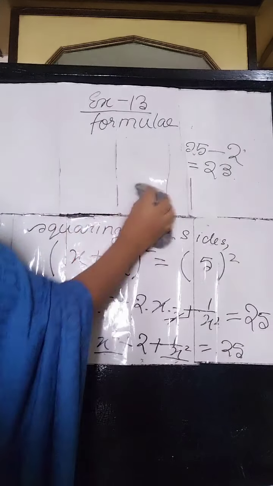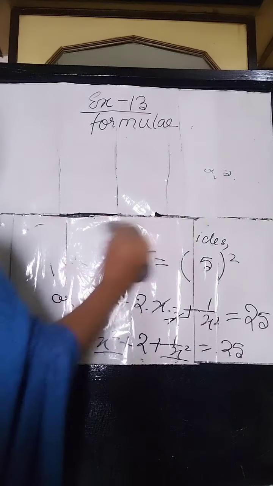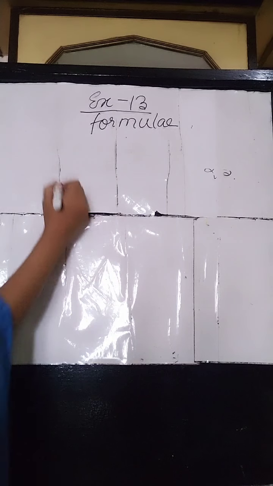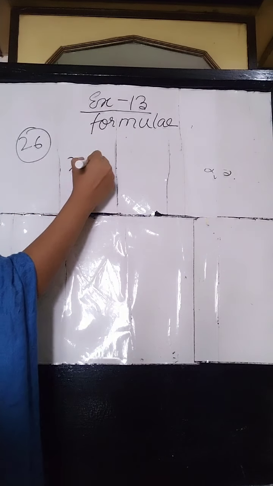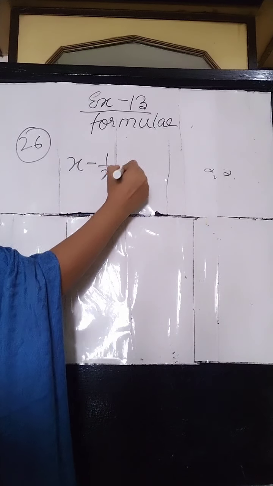Next sum, sum number 26. In sum number 26 it is given that the value of x minus 1 by x is given to you.